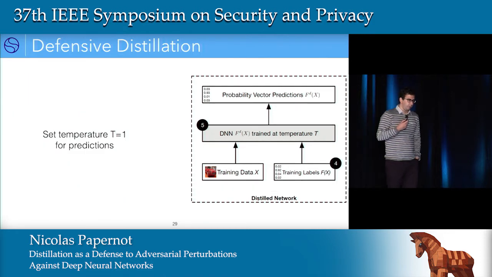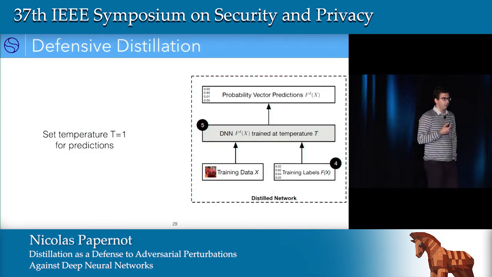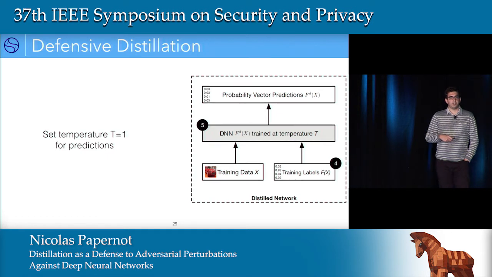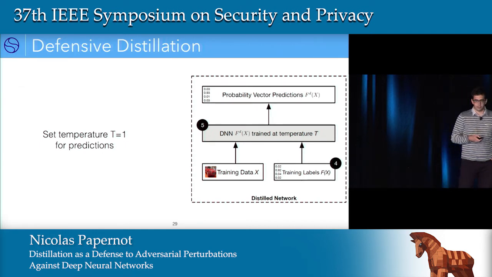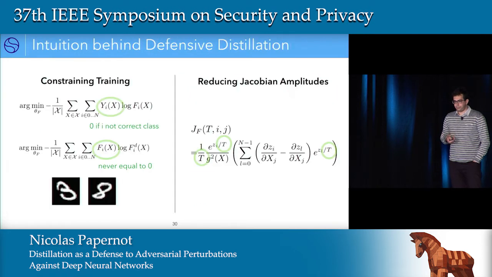And to make predictions using this new model, all you have to do is simply set the temperature back to 1 at test time. This way you still have discrete predictions which are confident. And it turns out that this is very efficient in making adversarial sample crafting much harder.